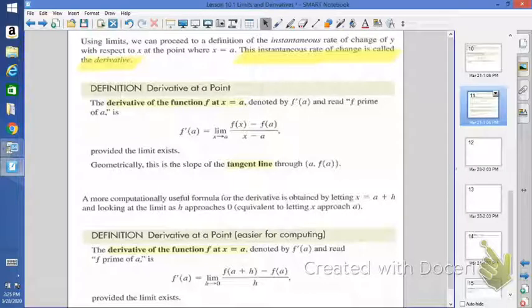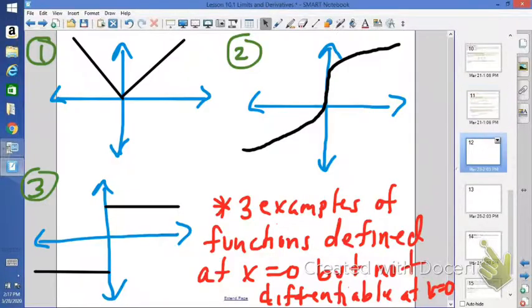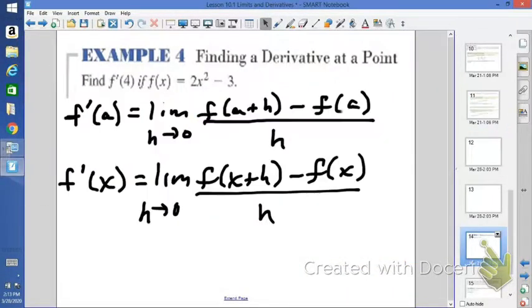And what we're going to do is use this definition here. There's two of them, but we're going to use this definition. And notice how it uses a's in this definition. This can easily be replaced with x's.